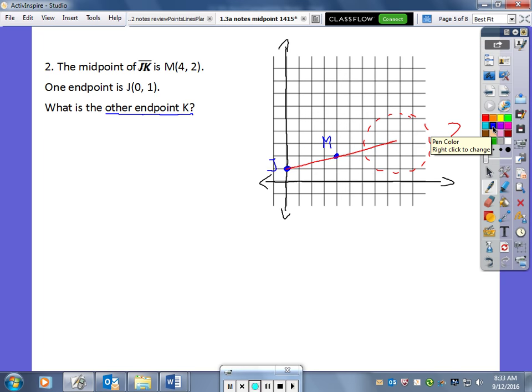So let's use our formula and find the other endpoint K. This time we don't have x2 and y2, so we need to use the variables. So using the coordinates for J, we can write 0 plus x divided by 2 is equal to 4, which is the x-coordinate of our midpoint.